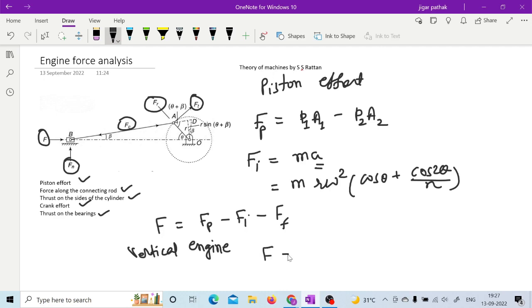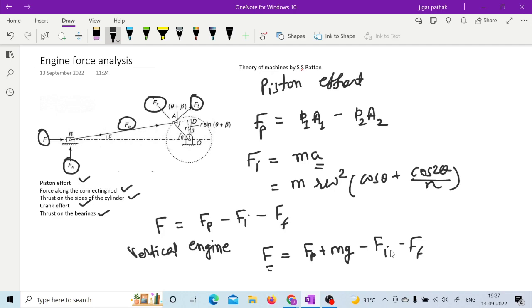So in that case this Fp will be supported by the weight force of the piston mg, and again the inertia force and frictional force will be opposite to these forces. So this is how you will come up with the piston effort finally with these particular forces.